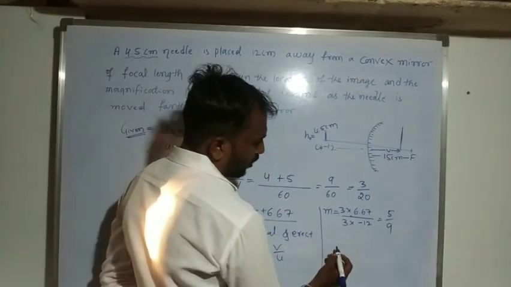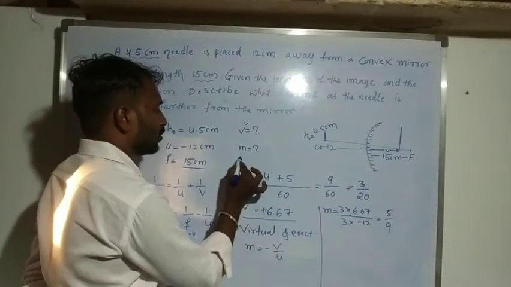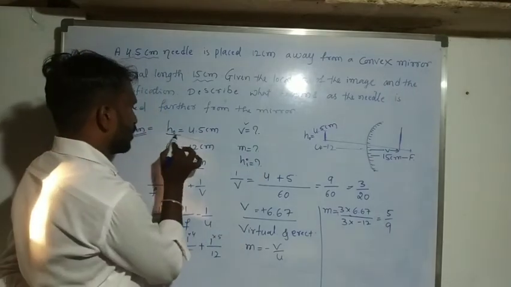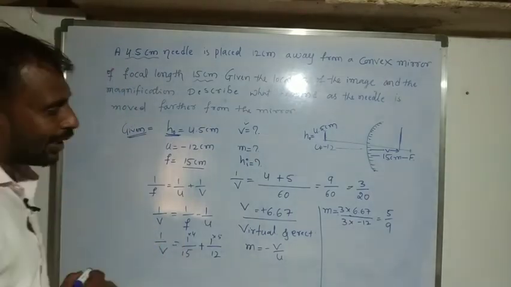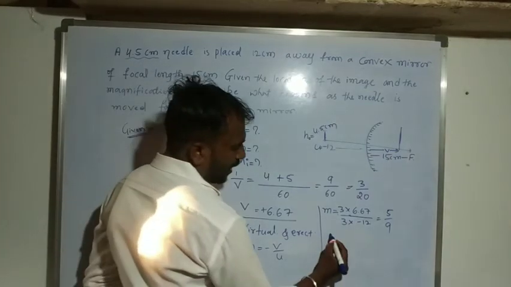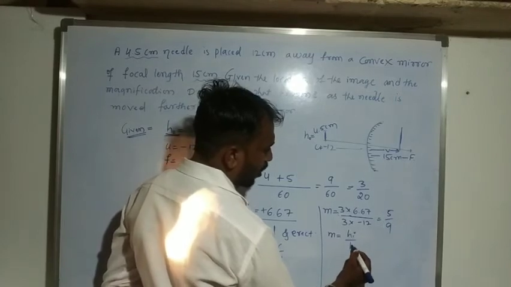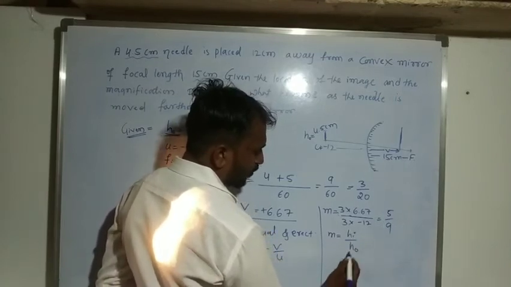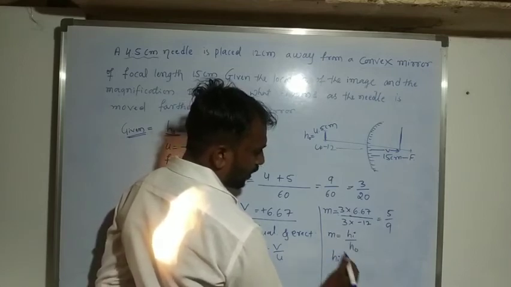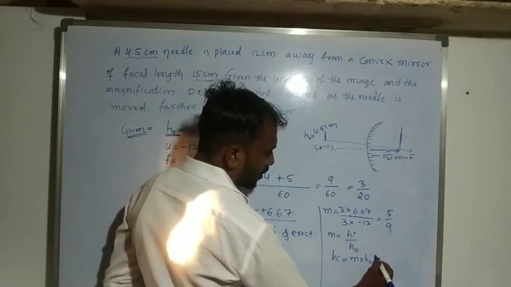Okay, magnification value 5 by 9, and here we want to find out the height of the image. Why? Because here given the height of the object, and we want to find the height of the image, so another formula is there. Magnification is equal to height of image to the height of object. So height of image is equal to magnification into height of object.